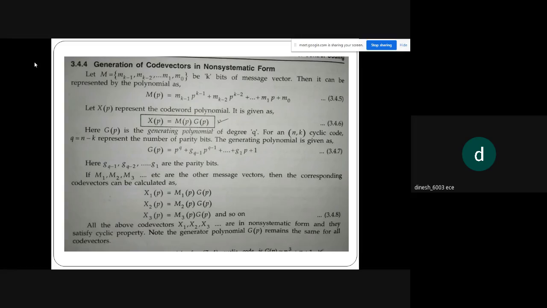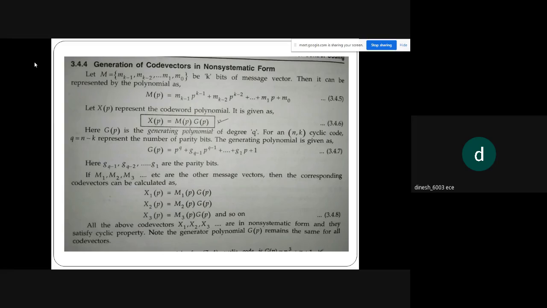So let us assume that M has messages m0, m1, m2, m3, m4, m5 till mk minus 2, mk minus 1 in sequence, where k represents the number of message bits, the number of bits of information of the message that is to be transmitted.